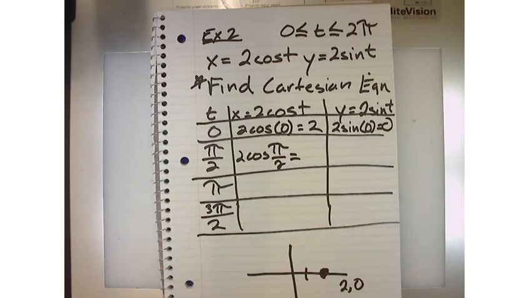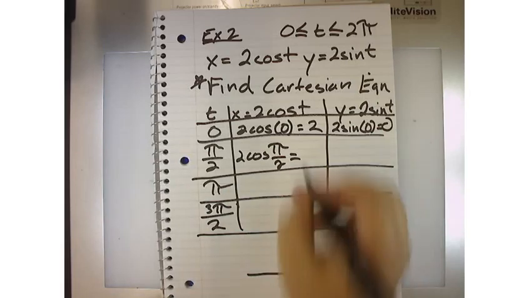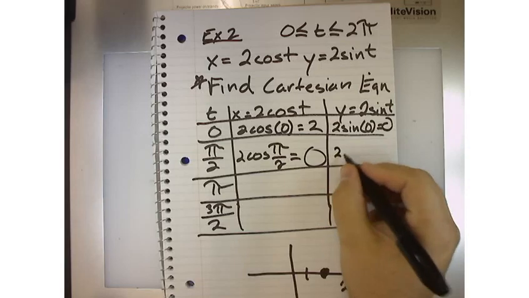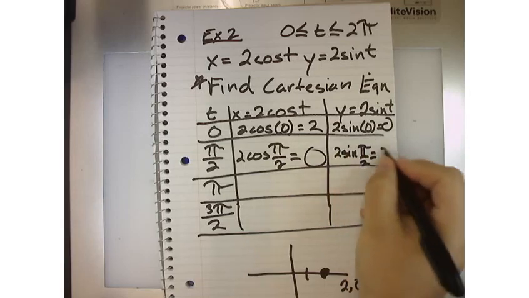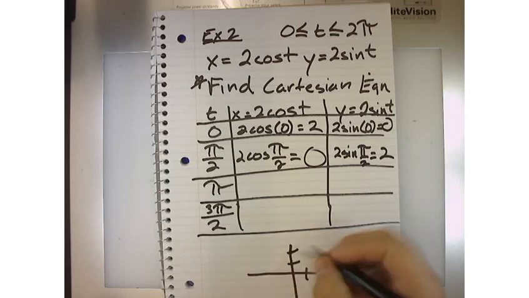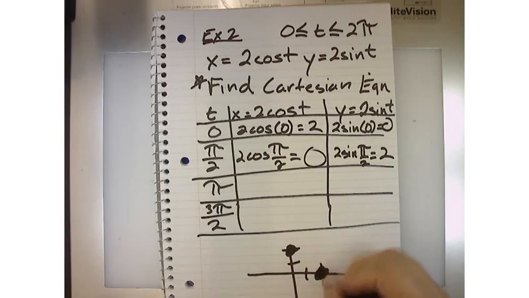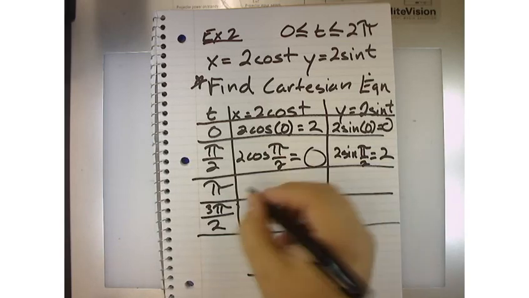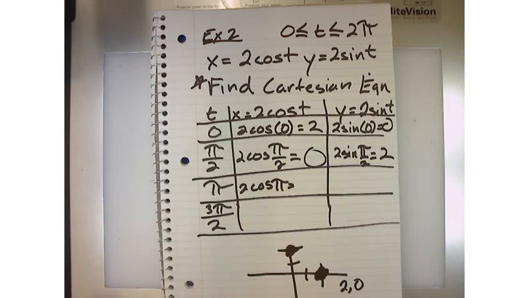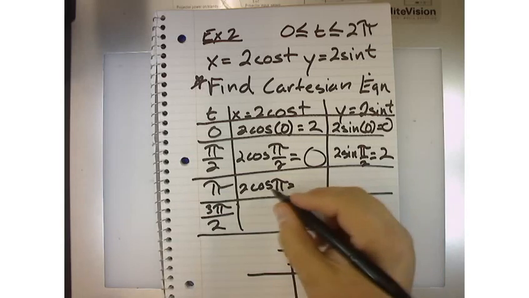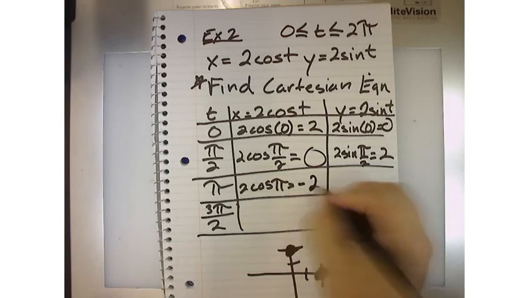So if I say 2 times cosine of pi over 2, what would that be? Well, cosine of pi over 2 is 0, times 2 is 0. And then 2 times sine of pi over 2 would be 2. So again, we go 1, 2. If I say 2 cosine of pi, normally cosine of pi is -1, but -1 times 2 is -2.